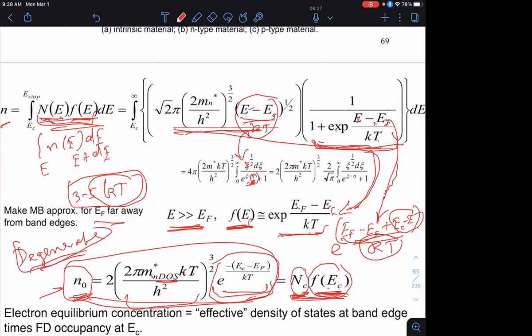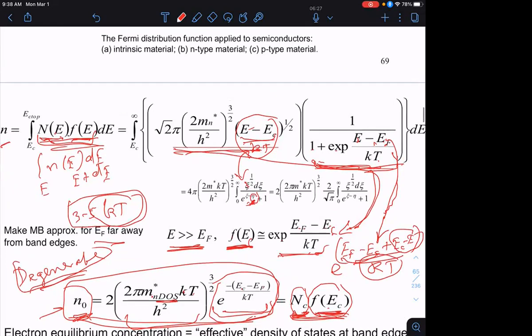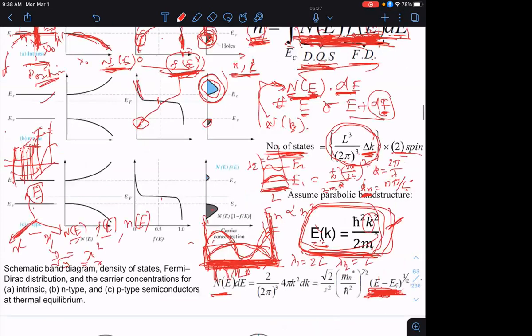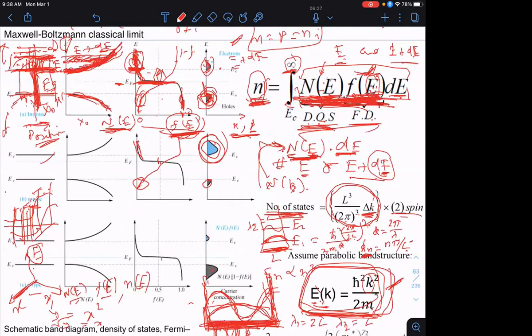Let me ask you a question. Am I saying then that this effective density of states is simply the integral of the density of states? Am I just integrating this density of states and calling that the effective density of states? Am I looking at this N of E curve and simply figuring out the total area and calling that the density of states, or is it a more subtle definition?